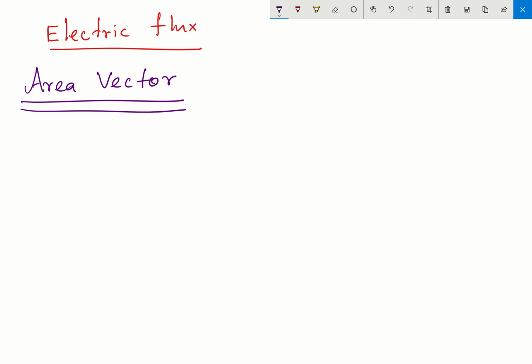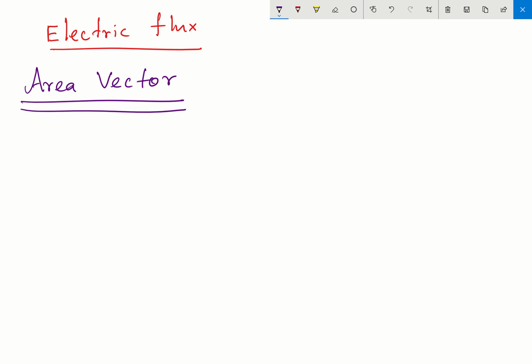So actually we have taken area as a scalar quantity. But in some of the problems, if you take area as a vector, you can solve the problems very easily. It is very convenient to treat area as a vector in solving some problems.